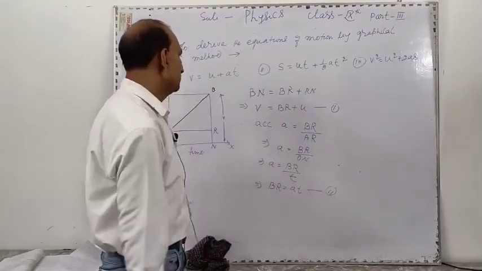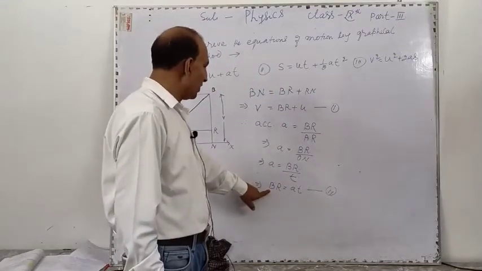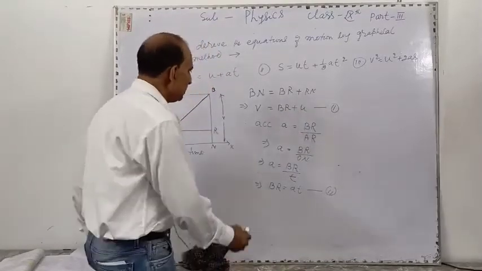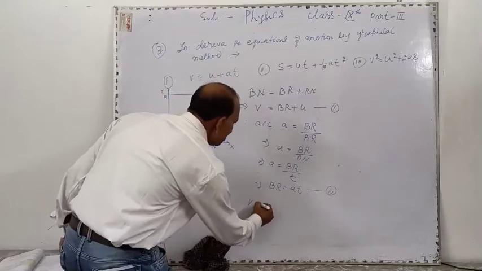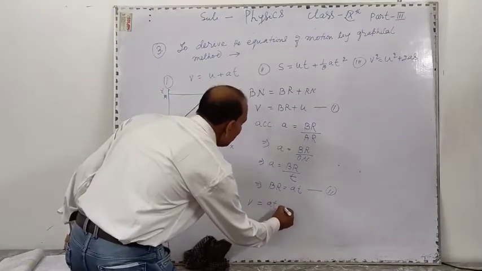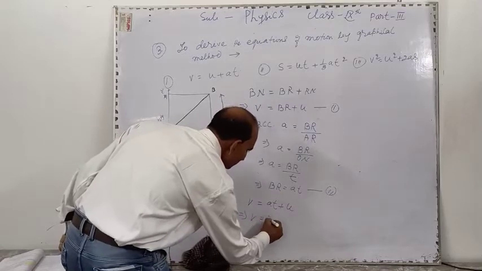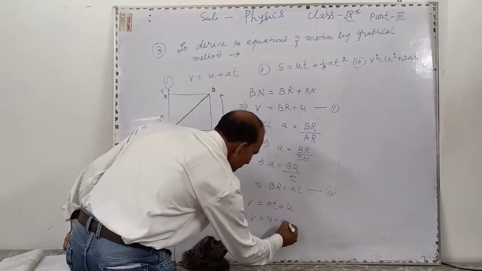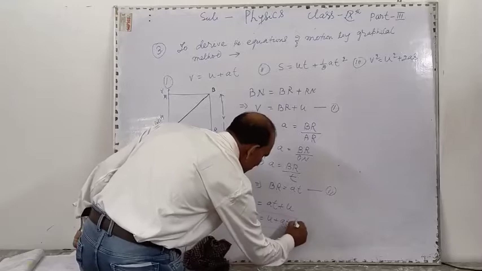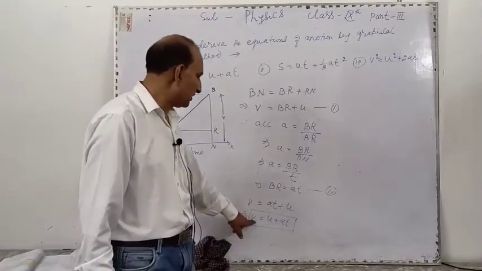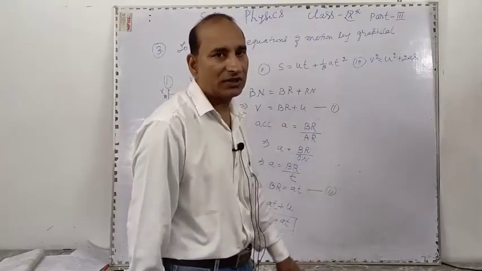Now substituting the value of BR from 2 in first, v is equal to at plus u. This implies v is equal to u plus at. This is the first equation of motion, that is v is equal to u plus at.